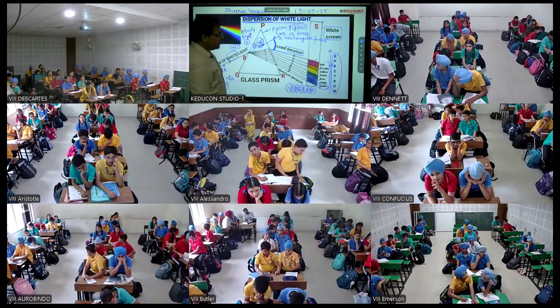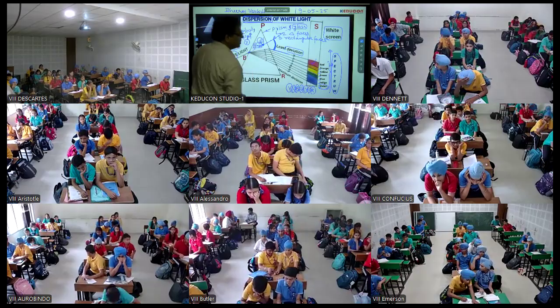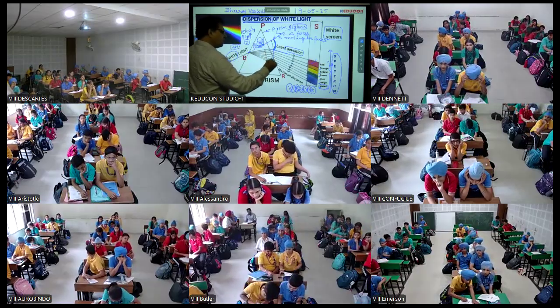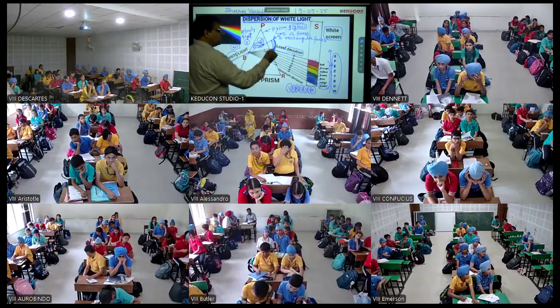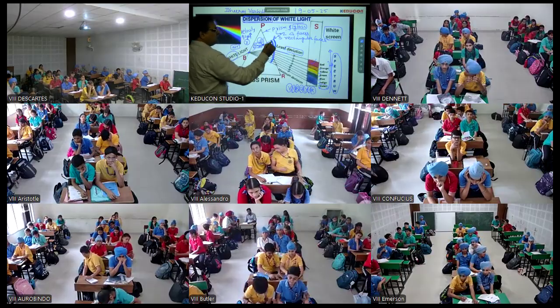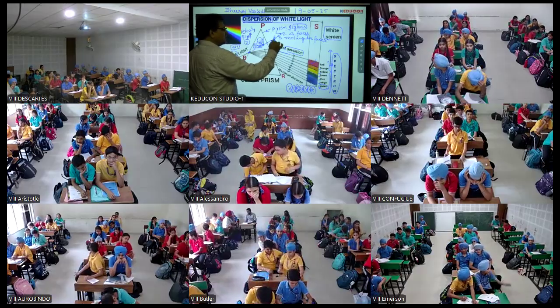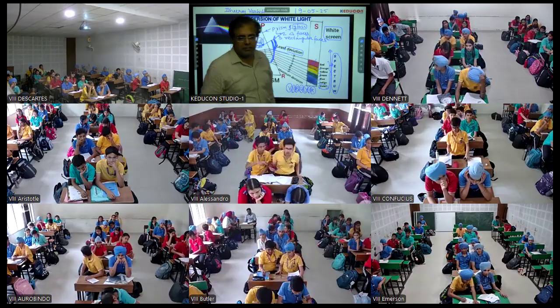Correct? And the last one is violet. That means the angle of deviation for the violet color is maximum, whereas the angle of deviation for the red color is minimum.